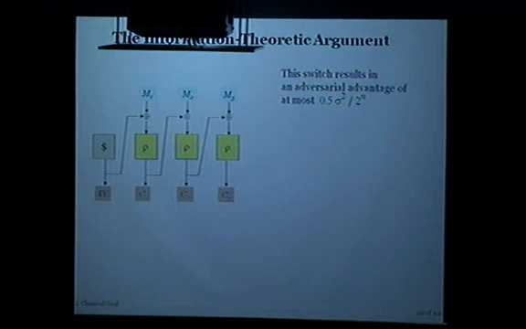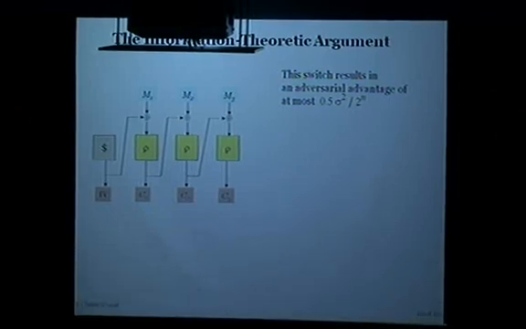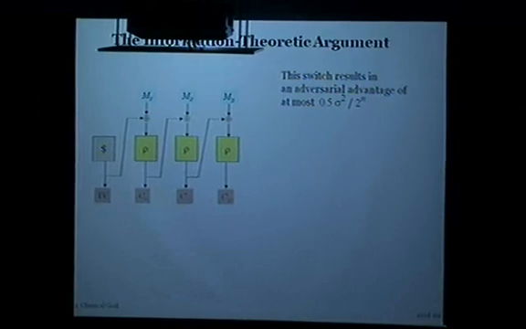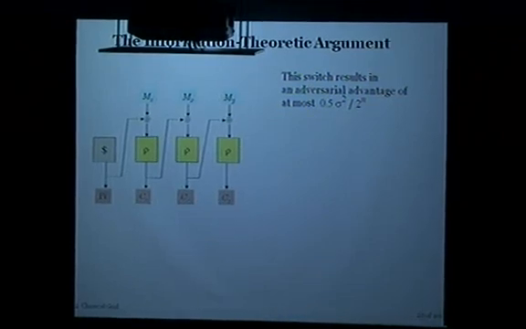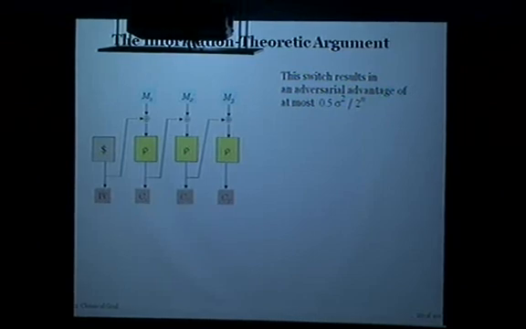It's easy to bound by this quantity 1/2 sigma squared over 2 to the n, where sigma is the total number of blocks that the adversary asks. So here, when it asked its first message, that counts for 3 into sigma. If it asks another message of 2 blocks, now sigma is up to 5, and so on. So I replace the permutation with this random function and lose this much in the advantage.